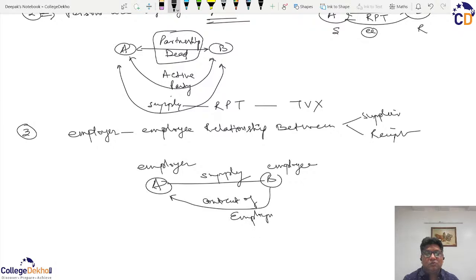So we presume that this supply will be a related party transaction. Before we move on, we have to understand that the whole process of taxation presumes that whenever there is a transaction between two people who are not related in any way, they will do that transaction on a value which is not affected by their personal relationship.